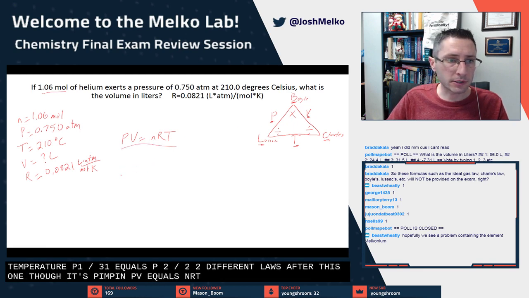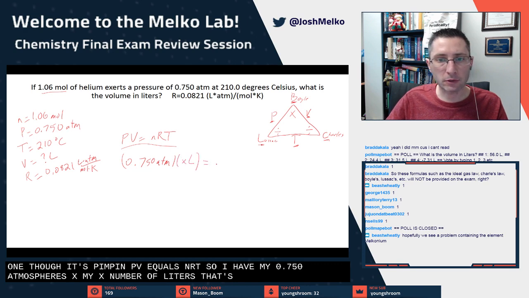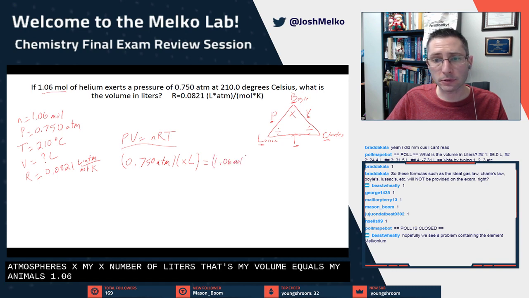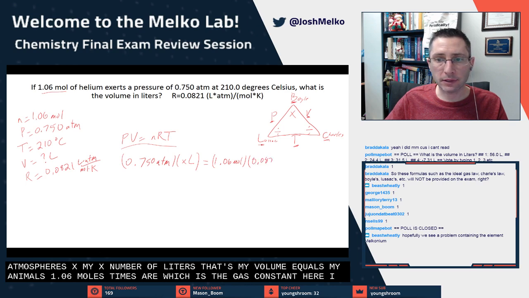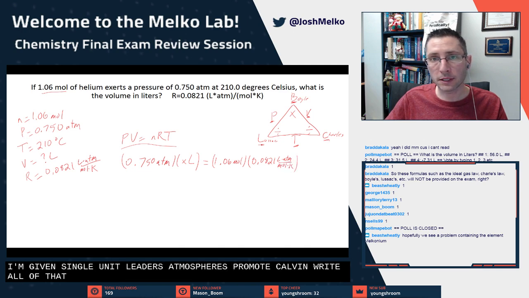PV equals nRT, so I have my 0.750 atmospheres times my X number of liters, that's my volume, equals my n moles, 1.06 moles, times R, which is the gas constant I'm given, in the single unit liters atmospheres per mole Kelvin, all of that with the number 0.0821.